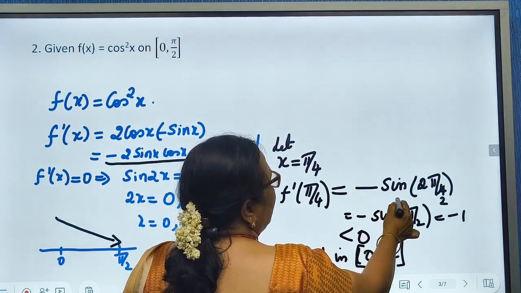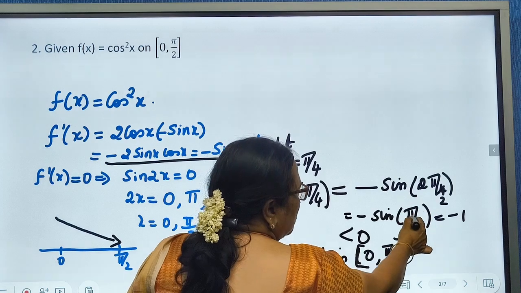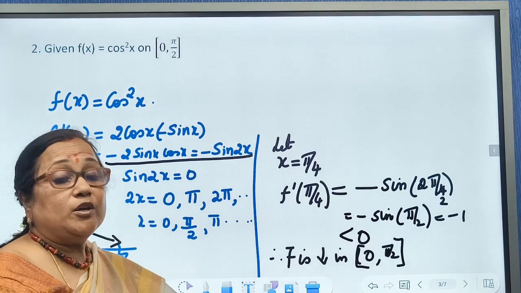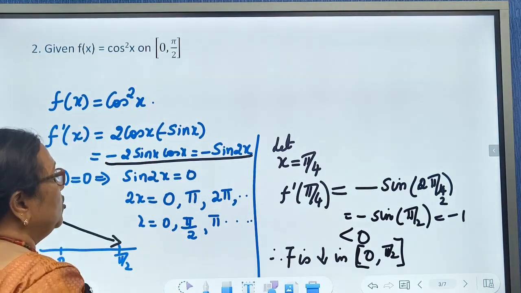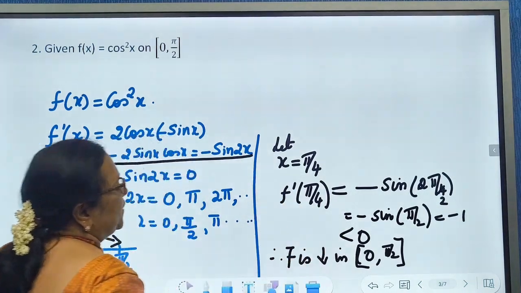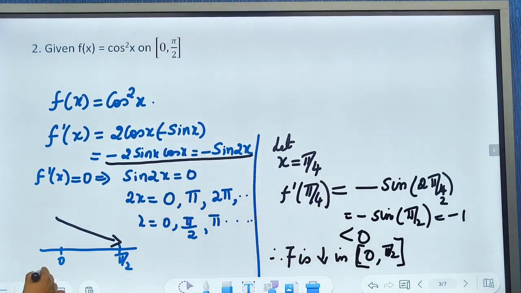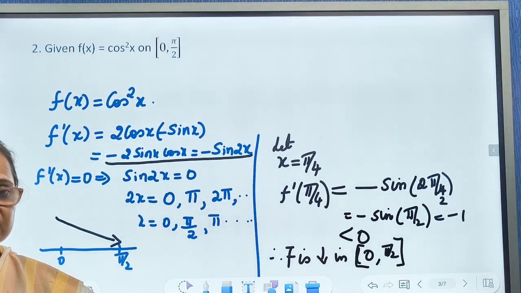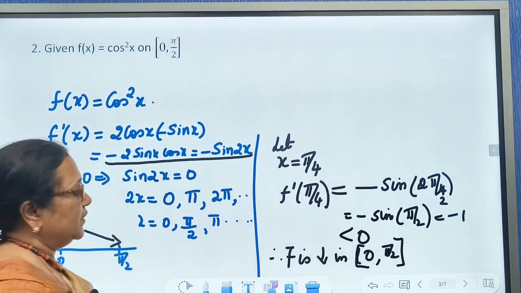It is minus sin of 2 pi by 4; 2 pi by 4 is pi by 2, sin pi by 2 is 1, so minus sin pi by 2 is minus 1. So f dash of pi by 4 is less than 0, which means f is decreasing in 0 to pi by 2. Are you able to follow how to analyze whether a function is increasing or decreasing in a particular interval?